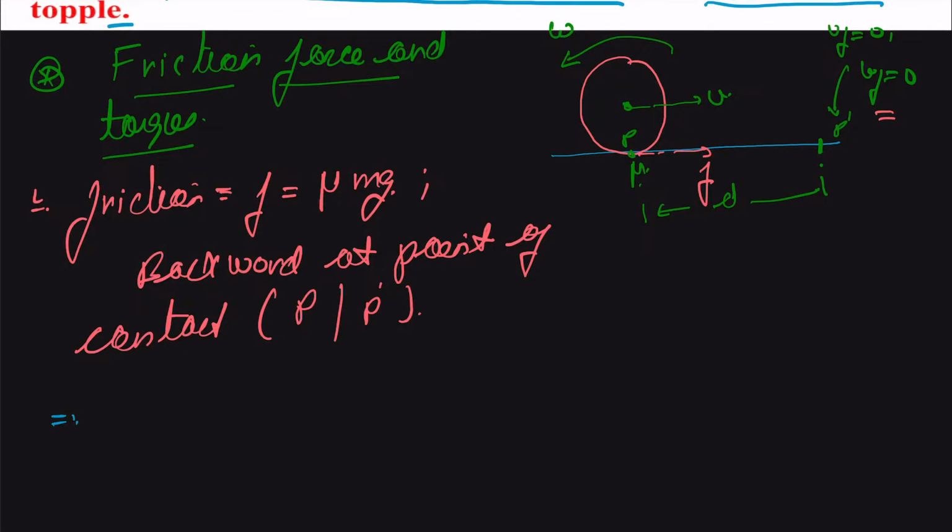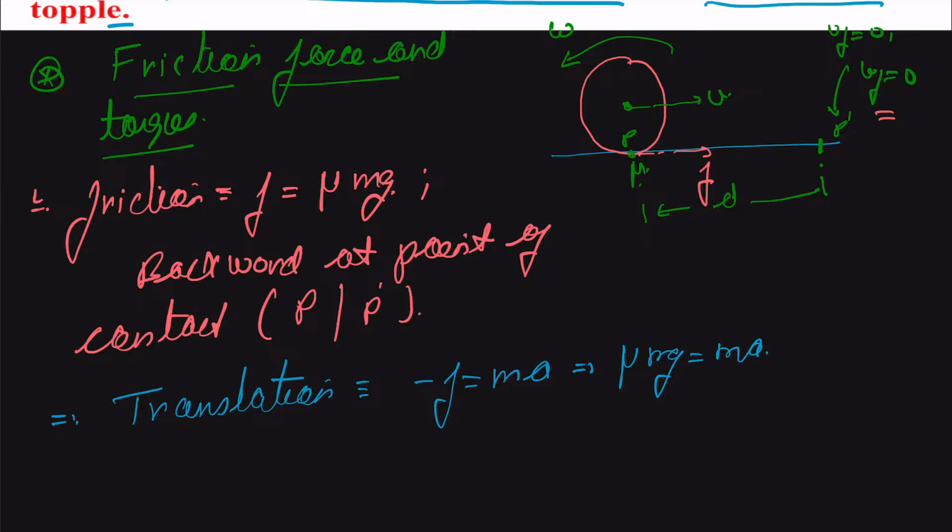For the translational motion, force, meaning frictional force, equals mass times acceleration. We substitute the value of friction, mu mg, which will be equal to ma.